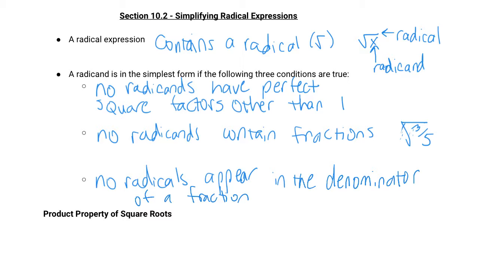So we can't have 4 over the square root of 7. Okay? Those 3 conditions. No radicands have perfect square factors other than 1. No radicands contain fractions. And no radicals appear in the denominator of a fraction.